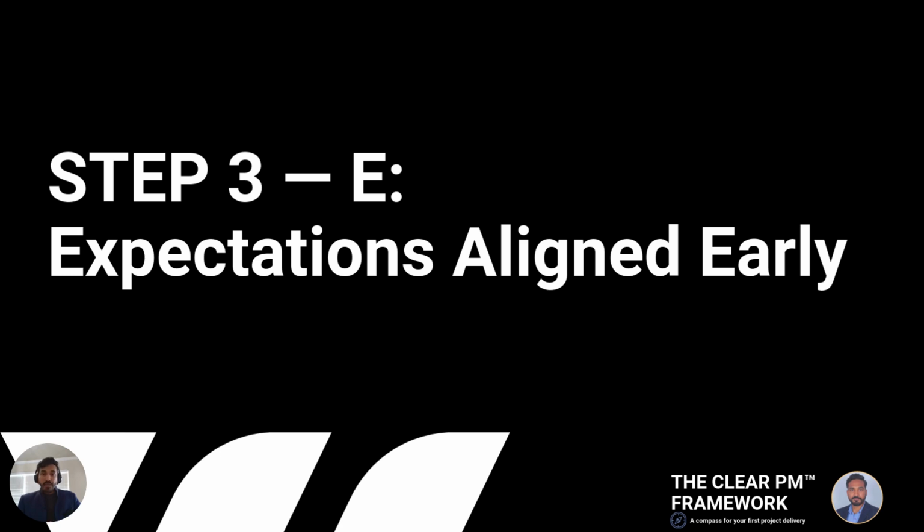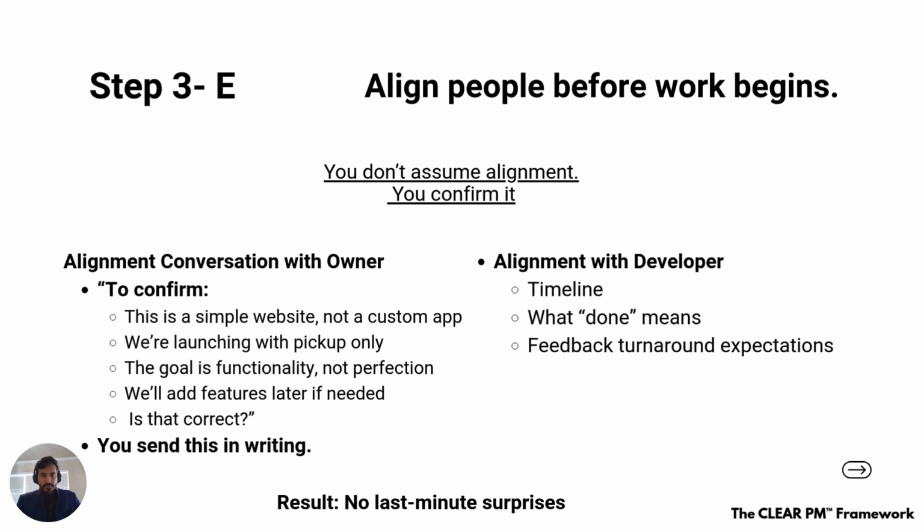If I want to deliver a delivery option, I need one more month, and you should align that with your development team as well. That's correct.